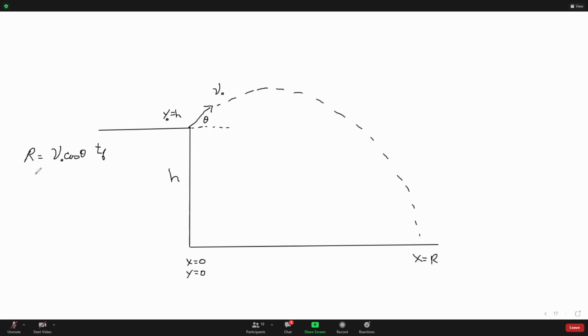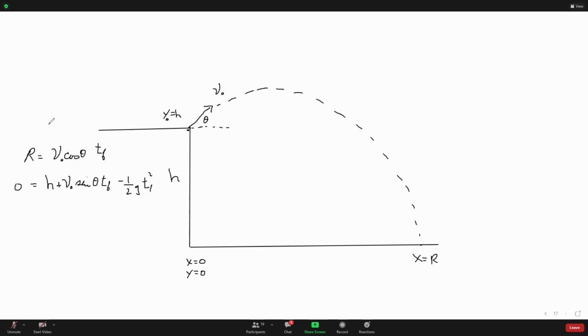So that's r. Then 0 is equal to h, so when y equals 0, I'm here or I'm here, plus V0 sine theta times the time of flight minus 1/2 g times the time of flight squared. So the time of flight is the time it takes to go from here to here.